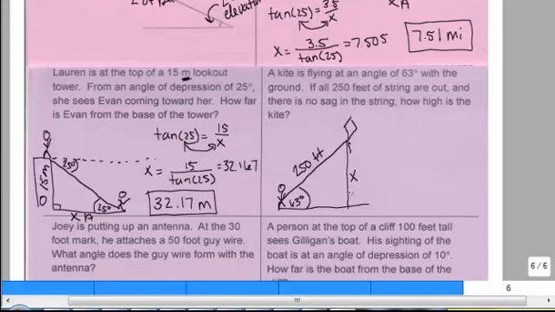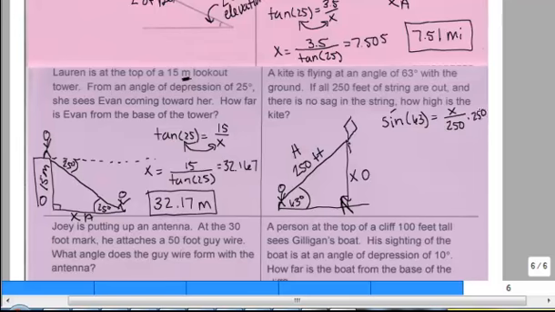So how high is it? Using this angle, this is my opposite side, and this is my hypotenuse. Opposite and hypotenuse is sine, so sine of 63 equals opposite over hypotenuse.